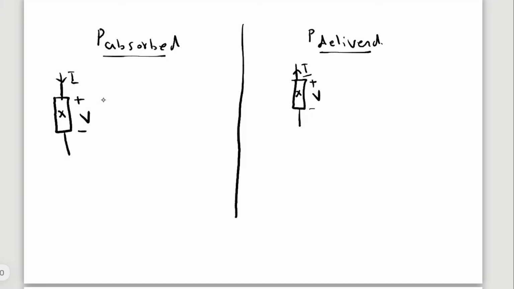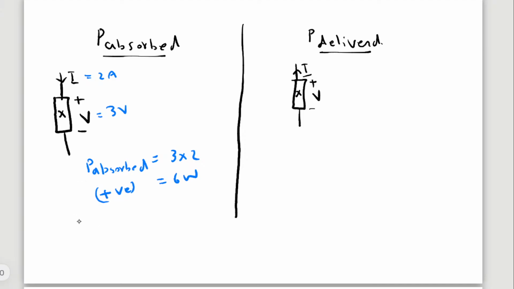As a first example, say I equal to 2 ampere, V equal to 3 volt. Then power absorbed equals 3 into 2, that is 6 watts. So here power absorbed is positive.